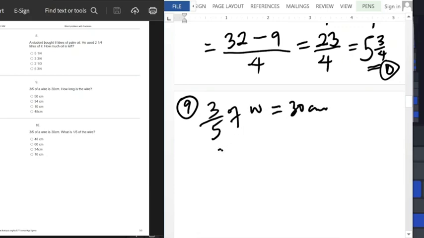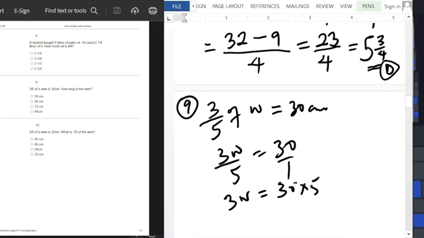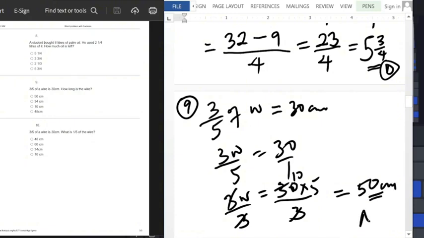So that means 3W over 5 equals 30. So we'll cross multiply here. That means 3W equals 30 times 5. Divide both sides by 3. 3 cancel 3. 3 here 1, 3 here 3. So 10 times 5, that is 50 centimeters. And that is option A.